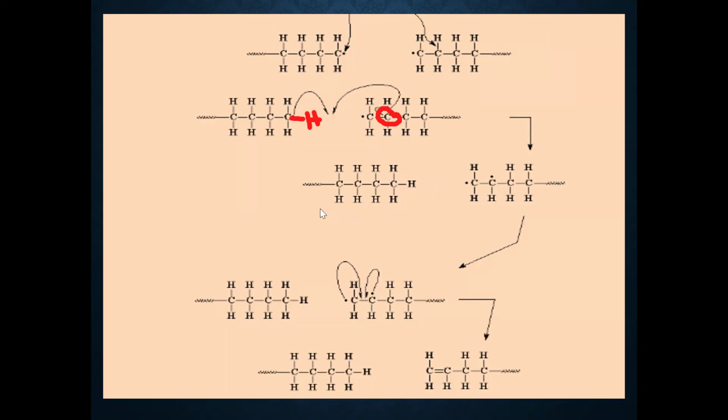Once this saturated polymer is formed, it will leave the other chain with two carbons, each with a radical, with an unpaired electron. These two unpaired electrons will form a double bond here.